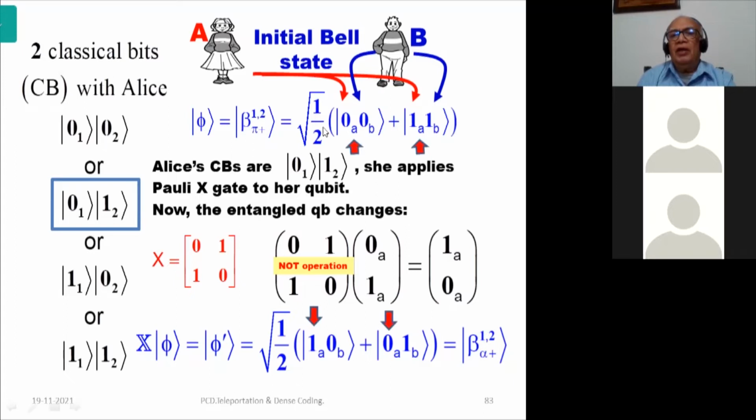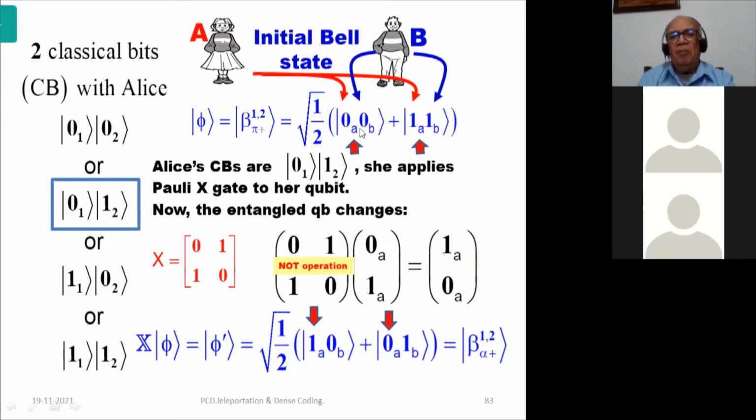So these are the vectors 0 and 1. The states of these will change to 1 and 0. Bob's remain unaffected. So Bob's 0 remains 0 as it is. So this original Bell state gets transformed into a different Bell state.